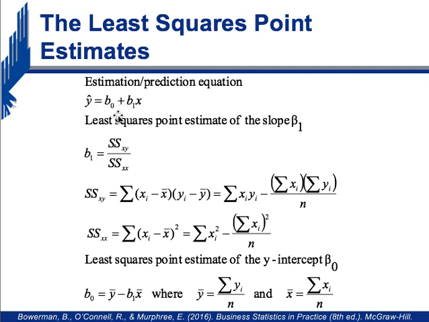X is your independent variable, and b sub 0 and b sub 1 are your regression estimates. To compute these values, these are the formulas. We have b sub 1 equal to SS sub xy over SS sub xx. The values here are computed using these two formulas. For SSxy, that's equal to this equation, or you can also compute it using this equation.